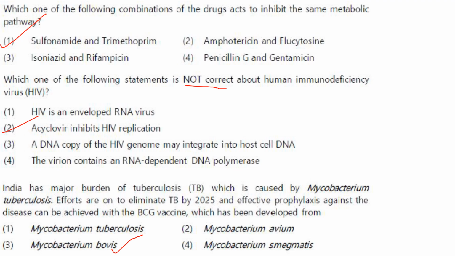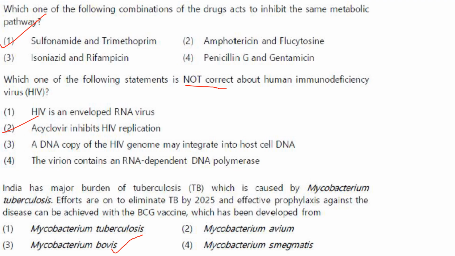Then next one. Which one of the following combinations of drugs act to inhibit the same metabolic pathway? So the answer here is sulfonamide and trimethoprim. They both are blocking the synthesis of folate. Now how does sulfonamide do it? It inhibits the enzyme dihydropteroate synthase.